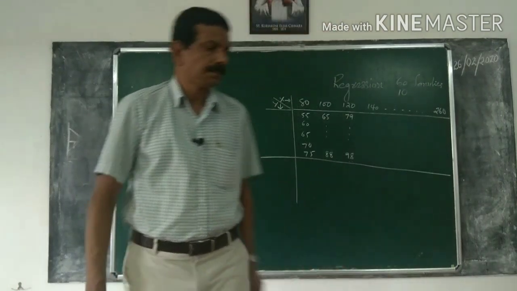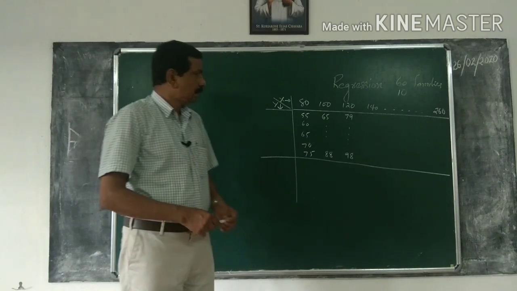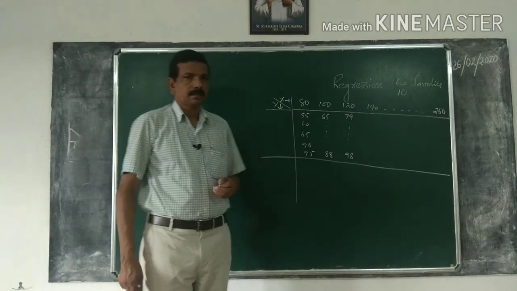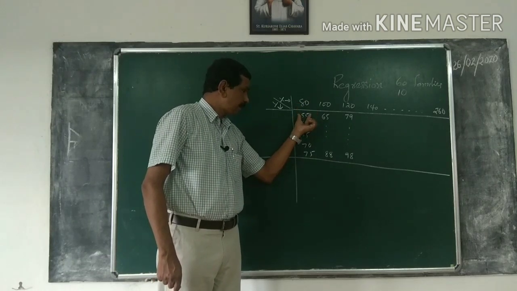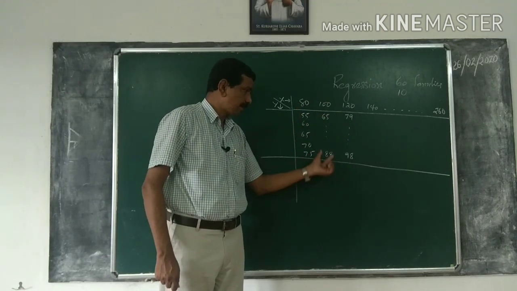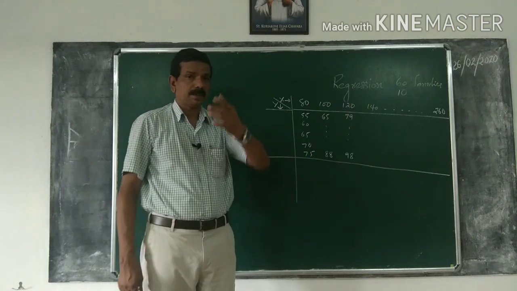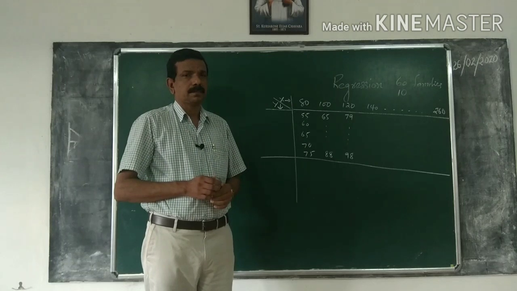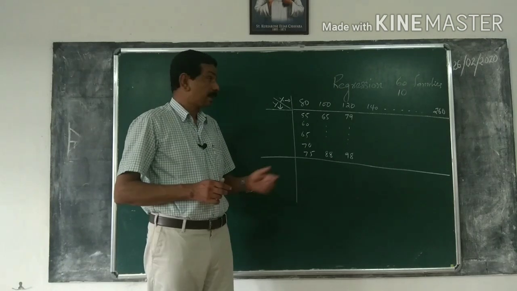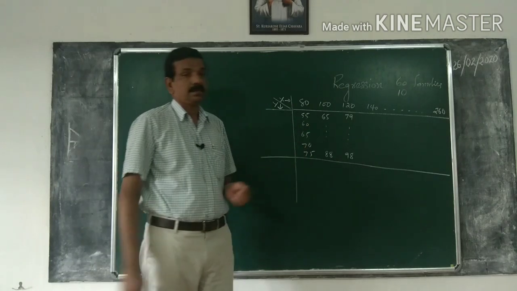Now, as I told you earlier, even if you have 5 families, 6 families, 10 families, 100 families with the same level of income, their consumption expenditures will not be the same.